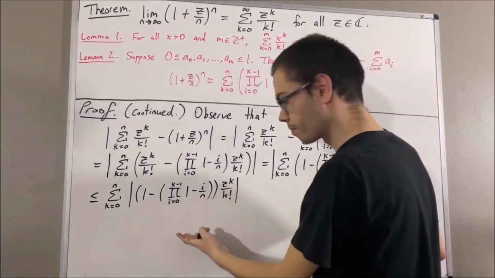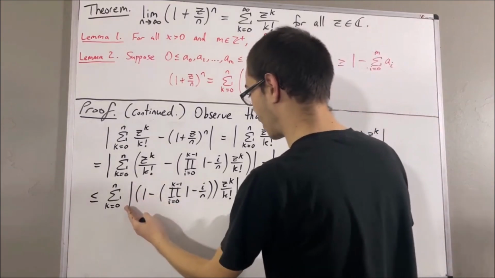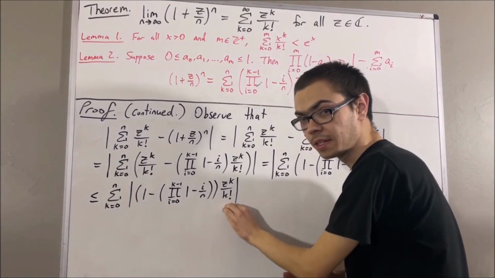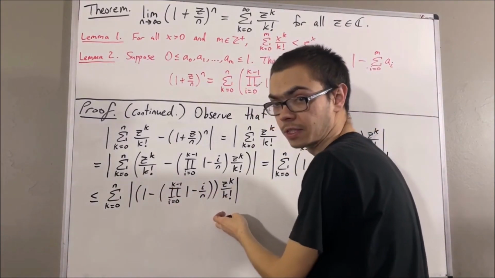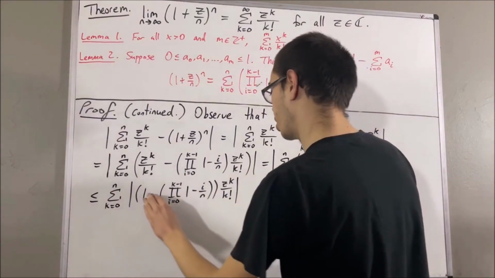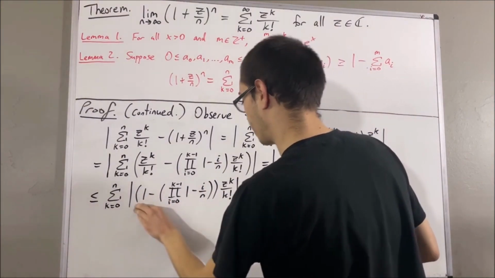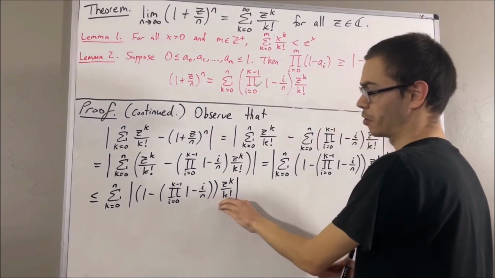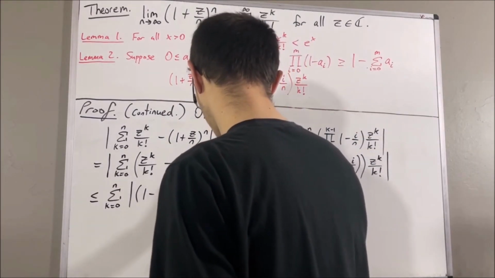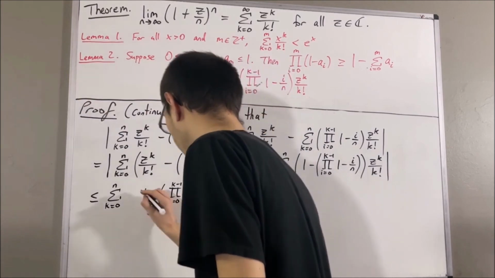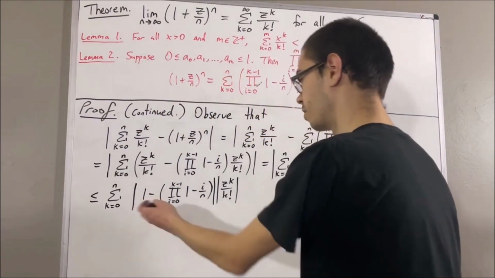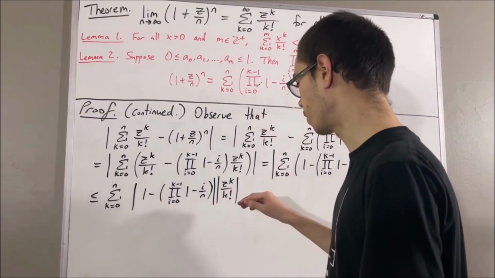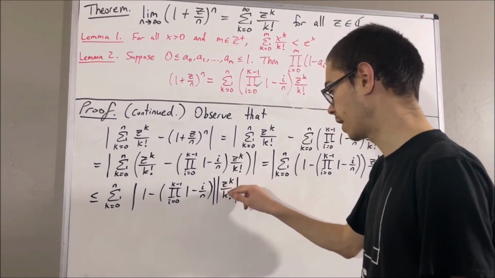So we get this. And now we know that the absolute value of a product is equal to the product of absolute values. So we're going to split this absolute value up into the absolute value of this times the absolute value of this. If we do that, we get this. First of all, let's deal with the absolute value of z to the k over k factorial.